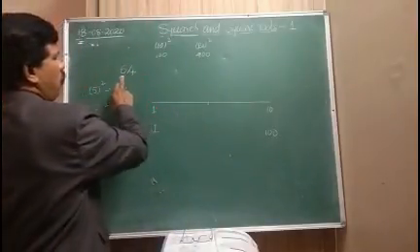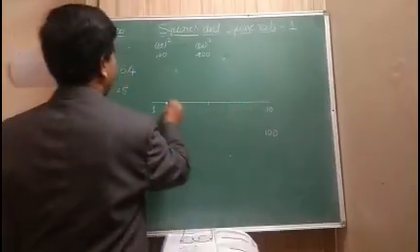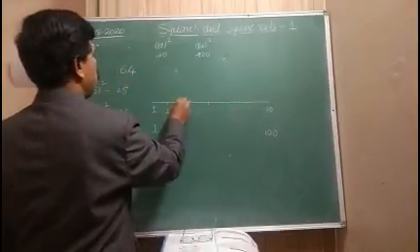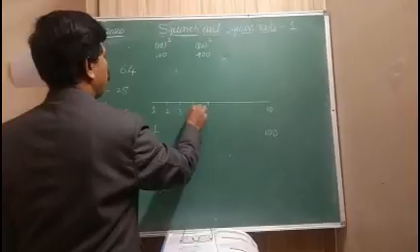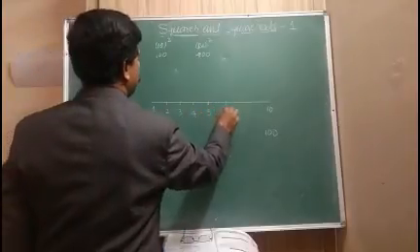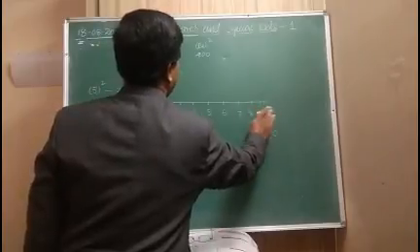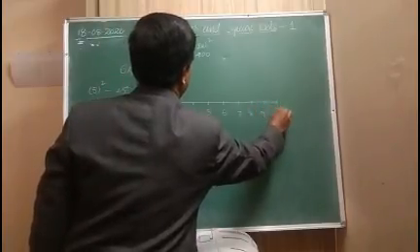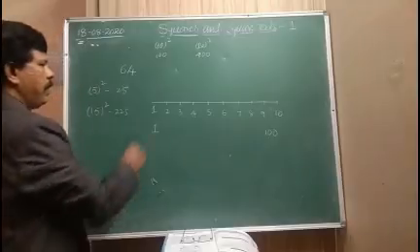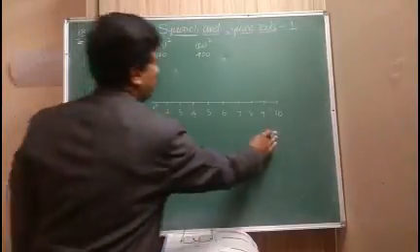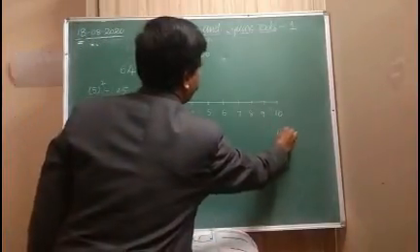So 64 lies between 1 and 10. Here is 1, 2, 3, 4, 5, 6, 7, 8, 9 and here is 10. Here 1 square is 1 and 10 square is 100.